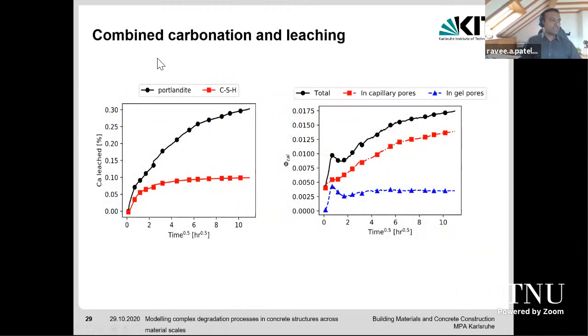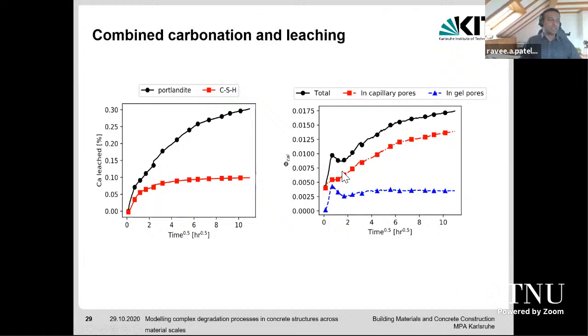So here is the first set of output from the simulation. What we can distinguish clearly is from where the calcium is leaching, which phase is the more dominant phase when it comes to the leaching of calcium. And it was found that calcium hydroxide leaches calcium much faster than calcium silicate hydrate. What was also interesting was we were able to capture which porosity evolves quicker.